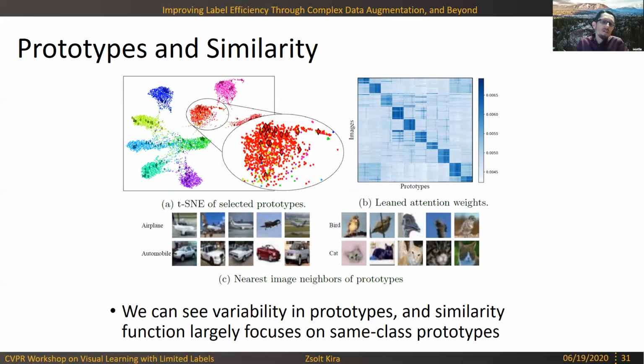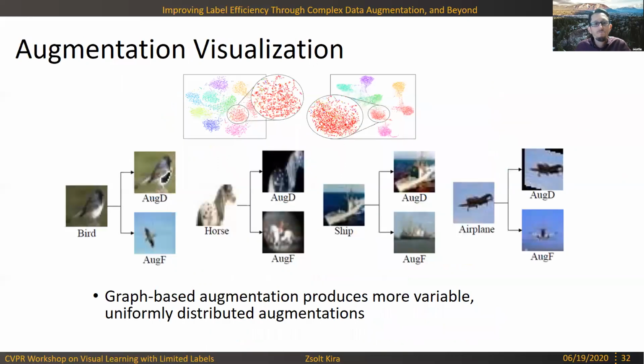We can also see the variability in the prototypes themselves, and the similarity function learned within the graph neural network. The graph neural network has a block diagonal structure, meaning it's mostly leveraging in-class information. On the bottom, the selected prototypes have a pretty large variability, which is what you would hope for in prototypes.